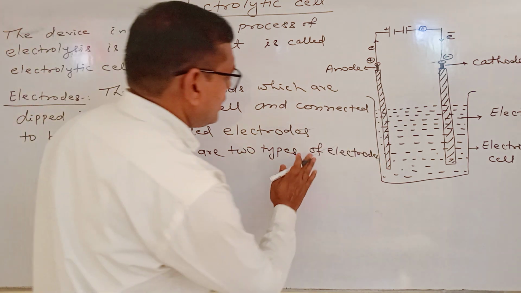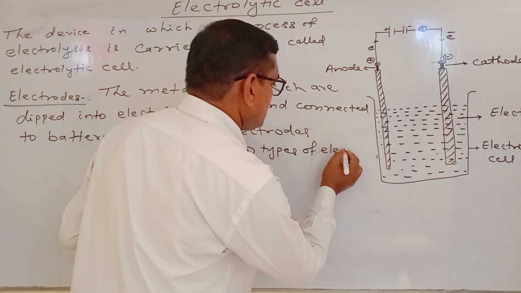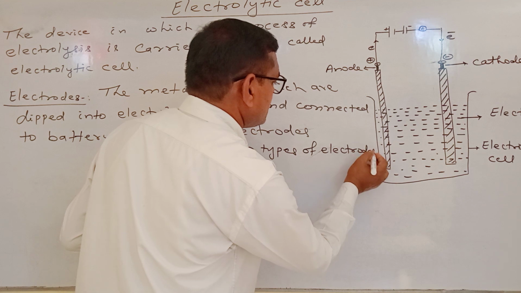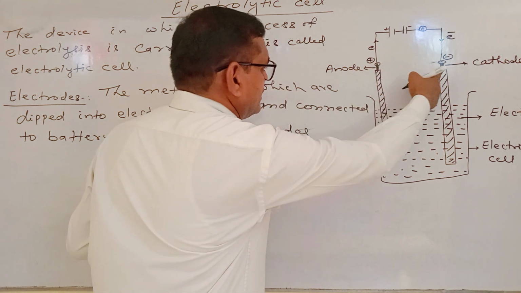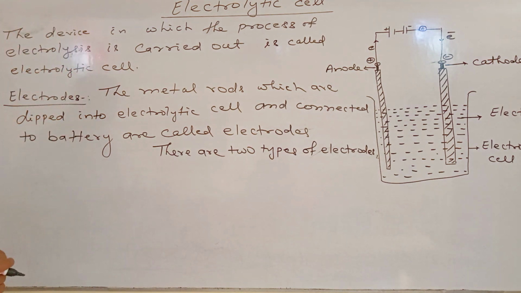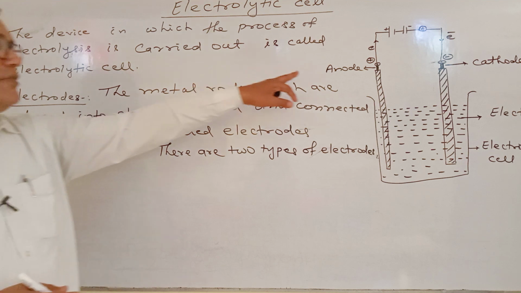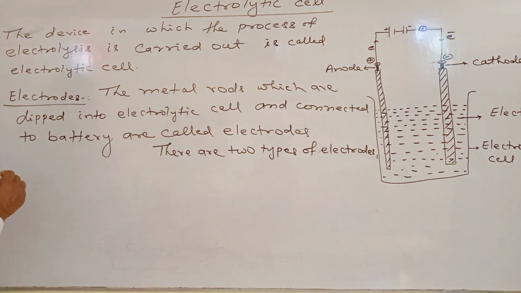These indicate types of electrode. First, we write anode. Here we write one and write anode.